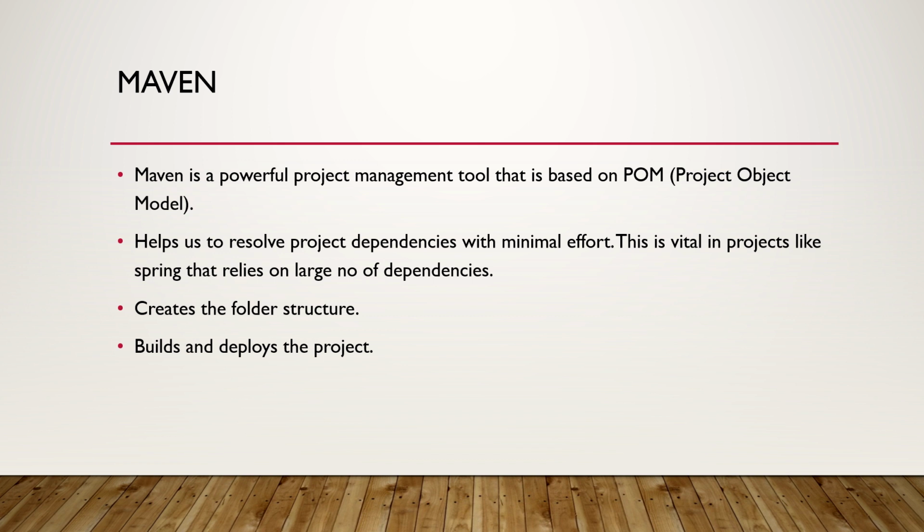Maven will do it for you if you add the dependencies in its pom.xml. If you just mention whatever dependencies you need, Maven will download them for you. Maven has a central, remote repository from where it downloads all the required dependencies. So this is one main purpose why we use Maven, just to resolve dependencies in an easy way. A lot of manual effort is saved.